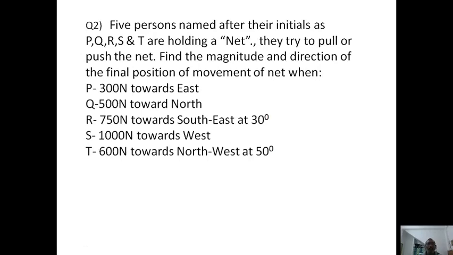And we also saw the problem of a net which is being pulled by five people in different directions, and we wanted to find the magnitude and direction of the final pull on the net, that is known as the resultant.